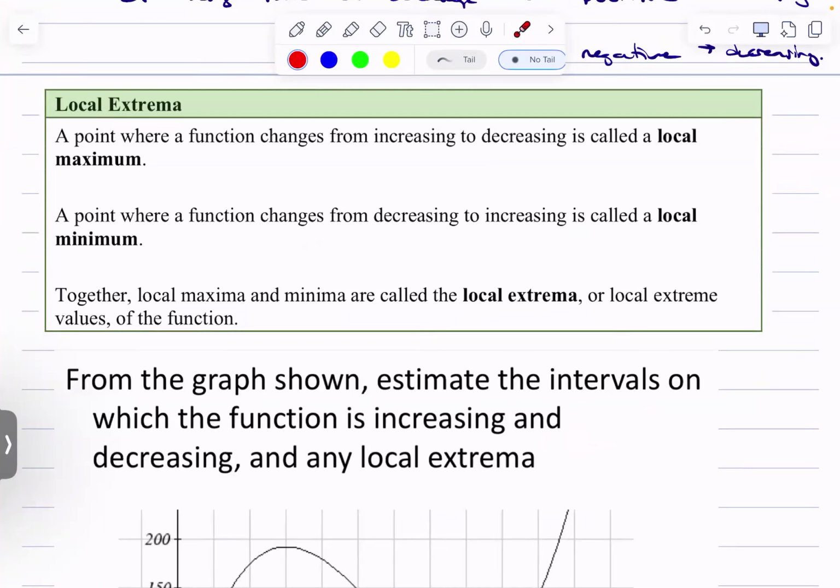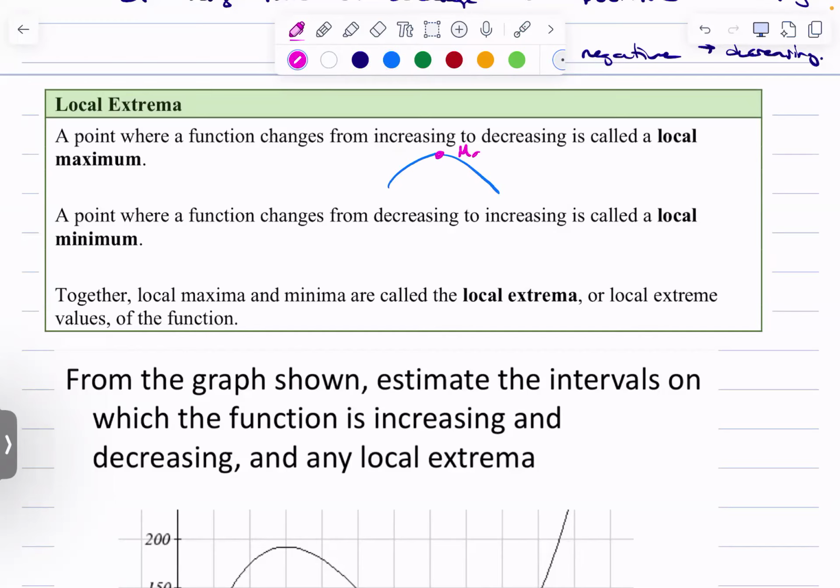Okay. A point where a function changes from increasing to decreasing. What would that kind of look like? Well, it could look like increasing to decreasing.